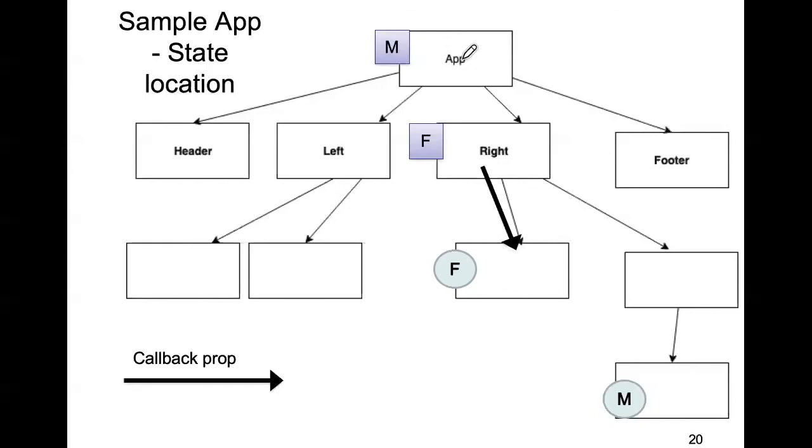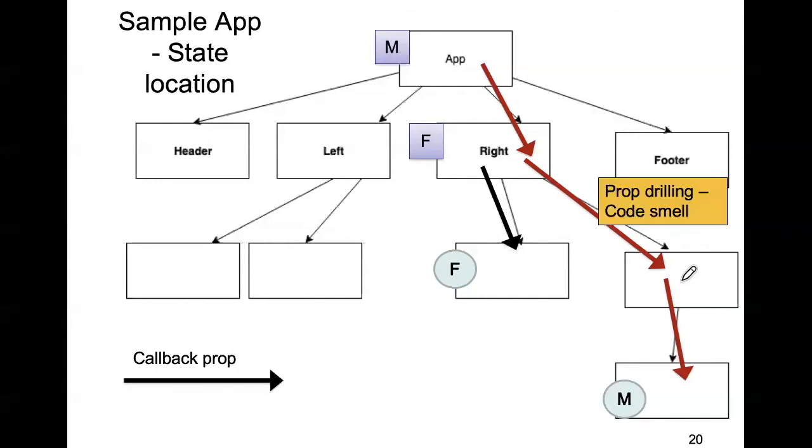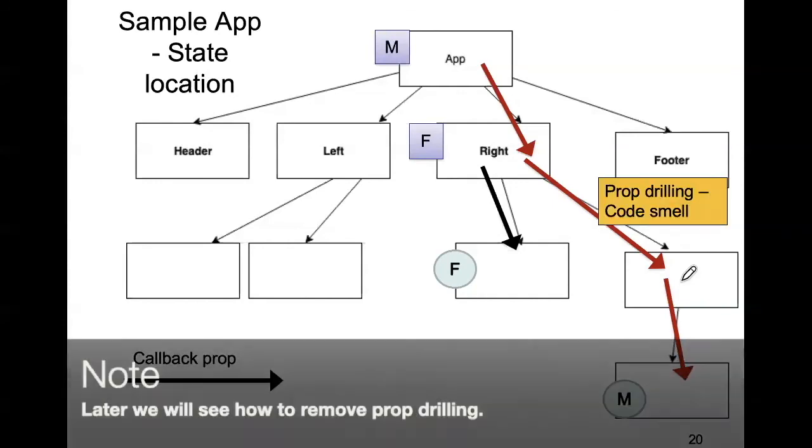So it needs to pass a callback function from this component to this one, to this one, to this one. Now the function being passed down here, only this component actually uses it. These intermediate ones don't use it at all. And that is a kind of design flaw, referred to as prop drilling.